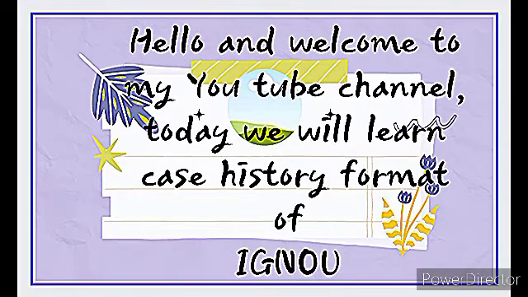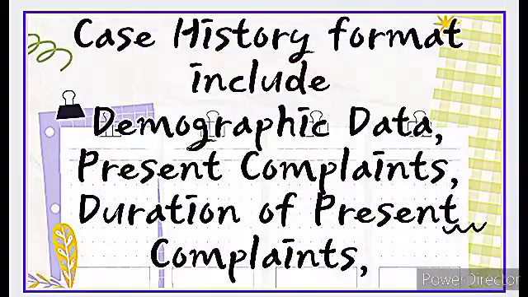So what's included in this format? The case history format includes demographic data, present complaints, duration of present complaints, and many other things. At first I am discussing what the demographic data, present complaints and duration of present complaints are. We will have the explanation later.